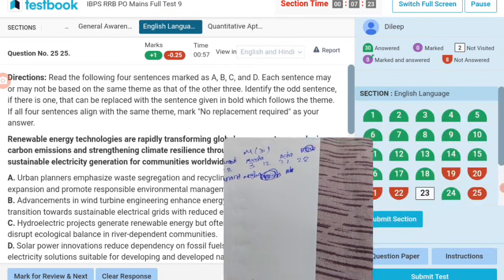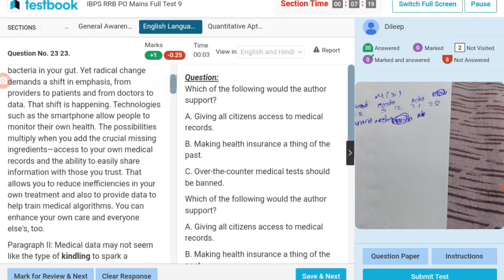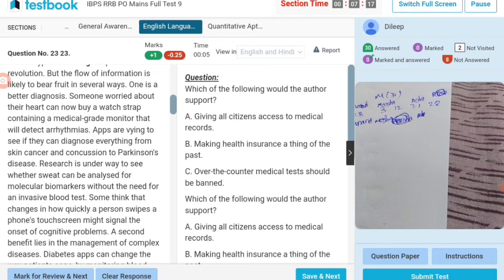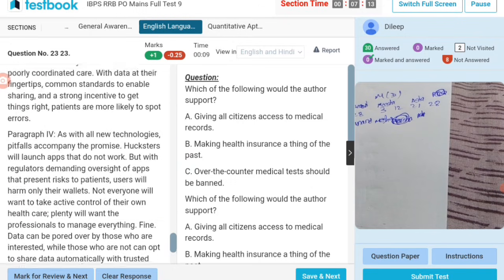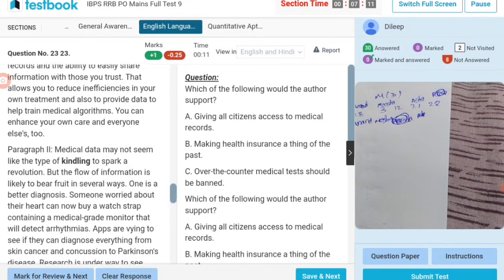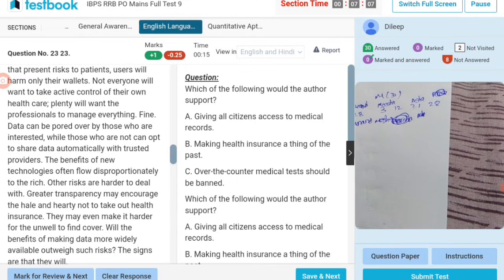So next, other support. You also can access medical records.